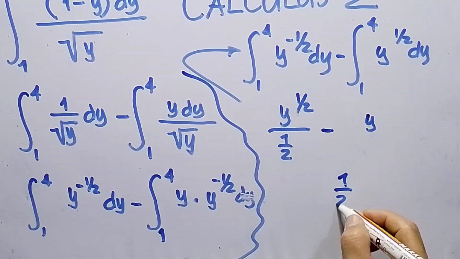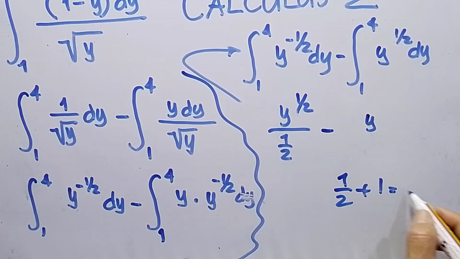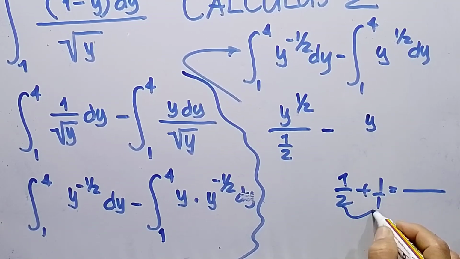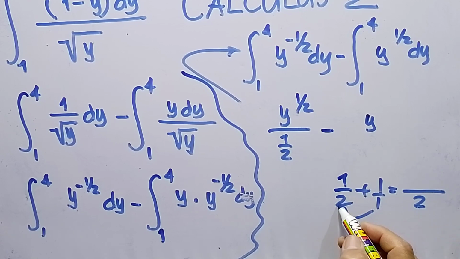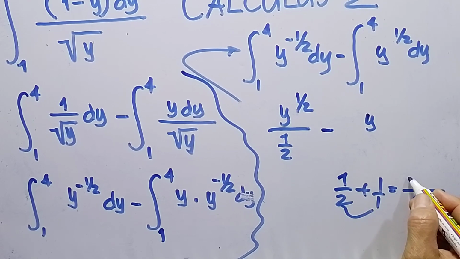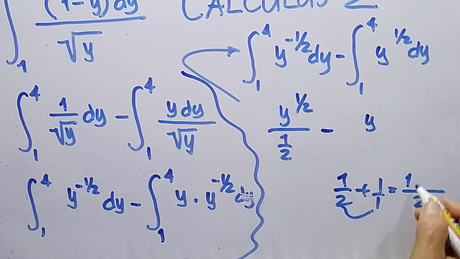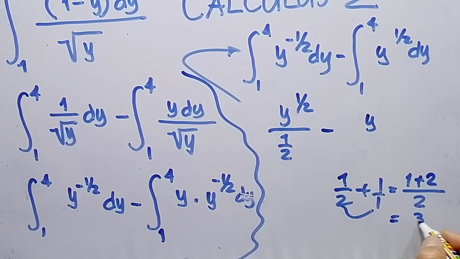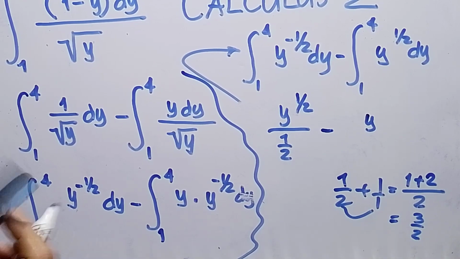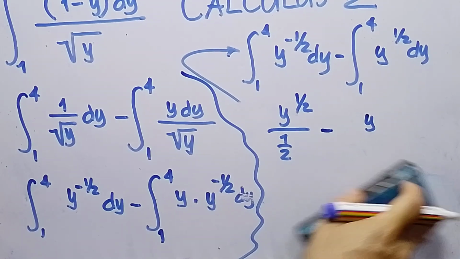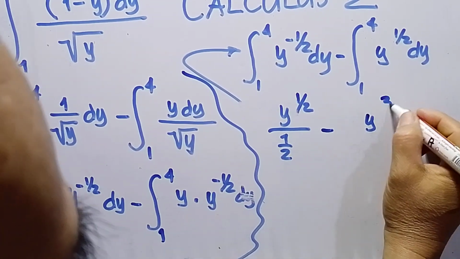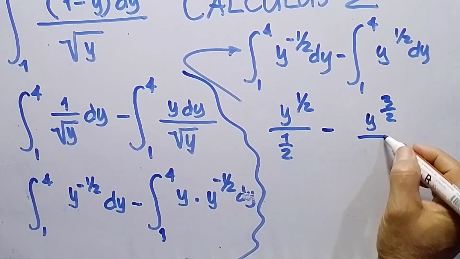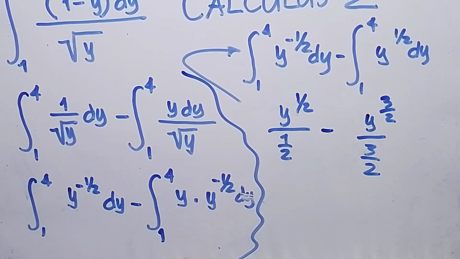Take note, 1 over 2 plus 1 is over 1. Then multiply: 2 divided by 2 is 1 times 1 is 1, then plus 2 divided by 1 is 2 times 1, that is 2. So I've got 3 over 2. Therefore, the second integral will be y raised to 3 over 2, over 3 over 2.